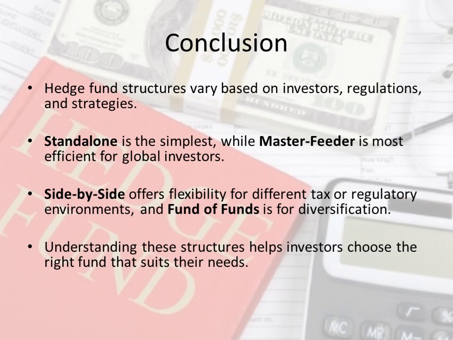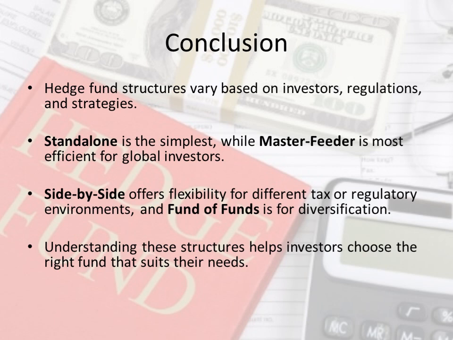So in conclusion, I would like to summarize. As I told, standalone hedge funds are simple and straightforward but not very flexible. Side by side hedge funds allow managers to manage different pools of money separately, which is good for catering to investors with different needs.